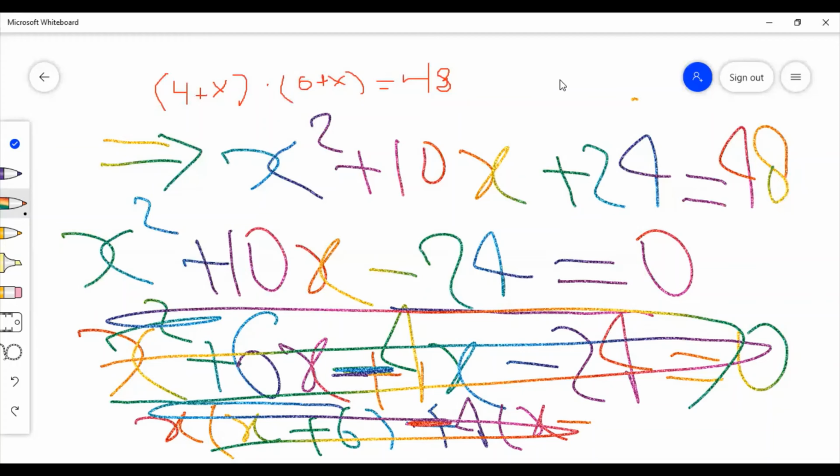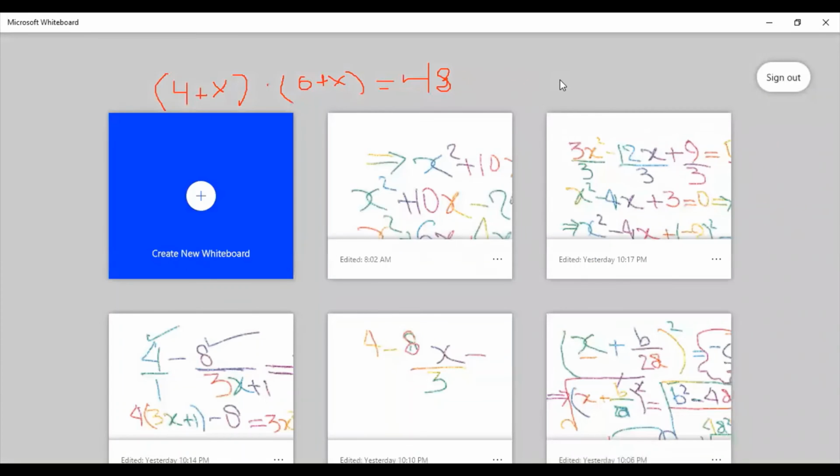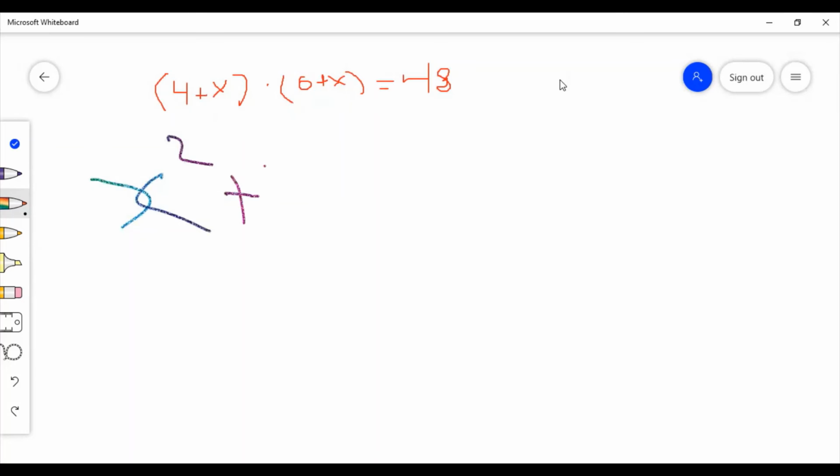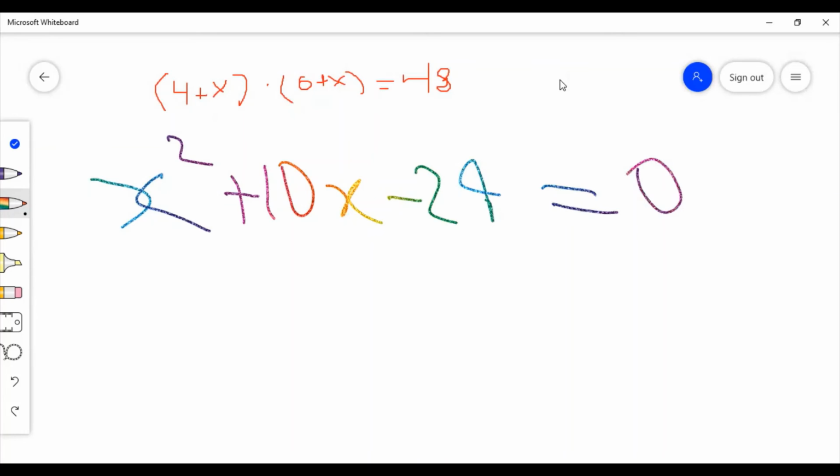So how can we write? Look at this. Actually this was x squared plus 10x minus 24, that is 0. Then we are breaking 10x. So to get minus 24, 12 2s, minus 12.